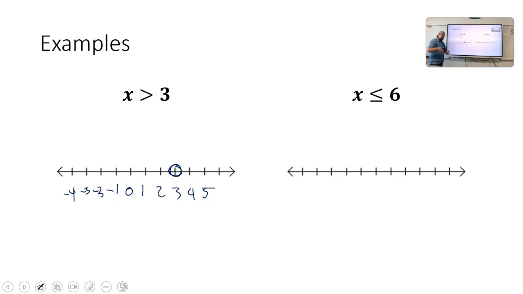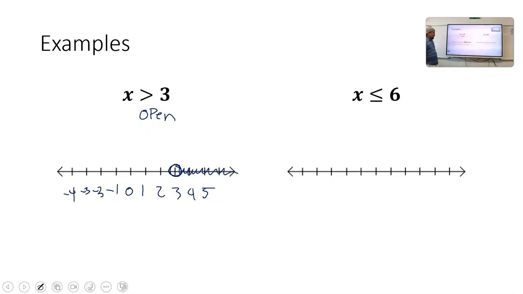Is it going to be open or closed? In this case, it is going to be open because it's just a greater than. If it was greater than or equal to, then I would use closed. Since x is on the left side, we know we're going to go to the right because that's the way the inequality is pointing.